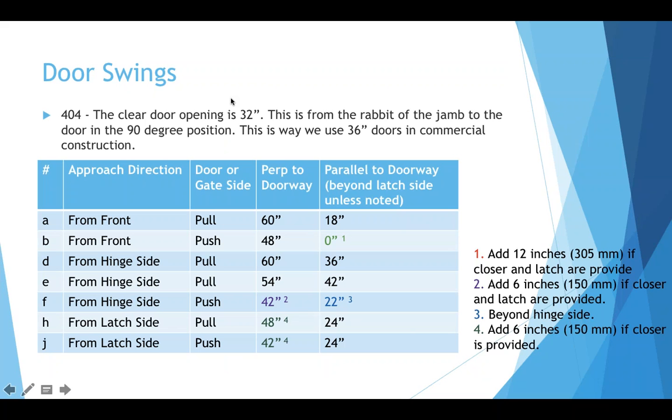In the door swings, there's a little matrix in there, and a lot of people find it confusing. The graphics are always better, but one of the things to remember, graphics versus text: all the graphics provided in the ADA are there only to illustrate the requirements of the rule, but they're not enforceable.